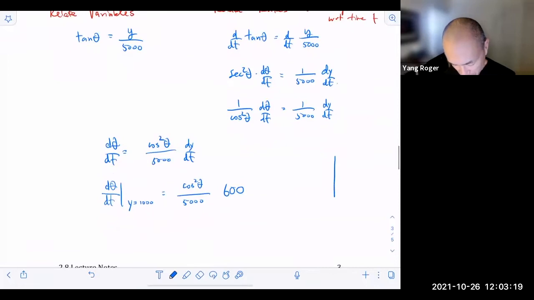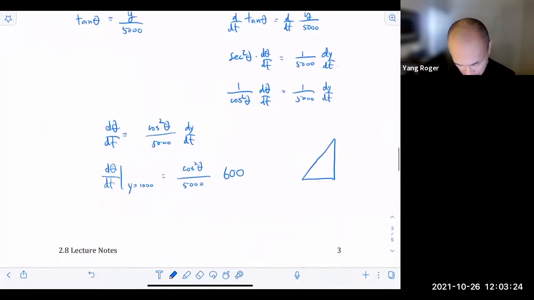So we need to draw a little picture again. This side was 5,000. This side was 1,000. And here's theta. Anybody have any advice for me on what I need to do now if I want to find the cosine? You guys know that cosine theta is equal to the adjacent over the hypotenuse, right?